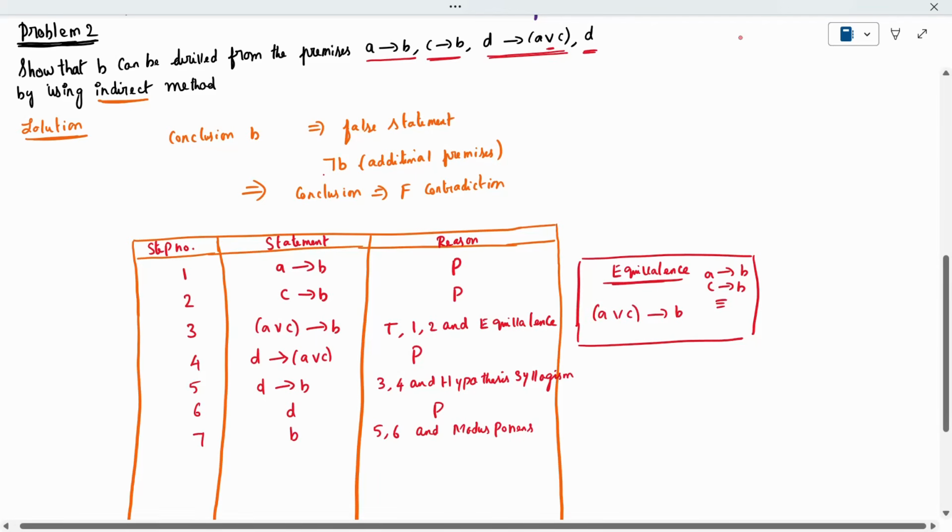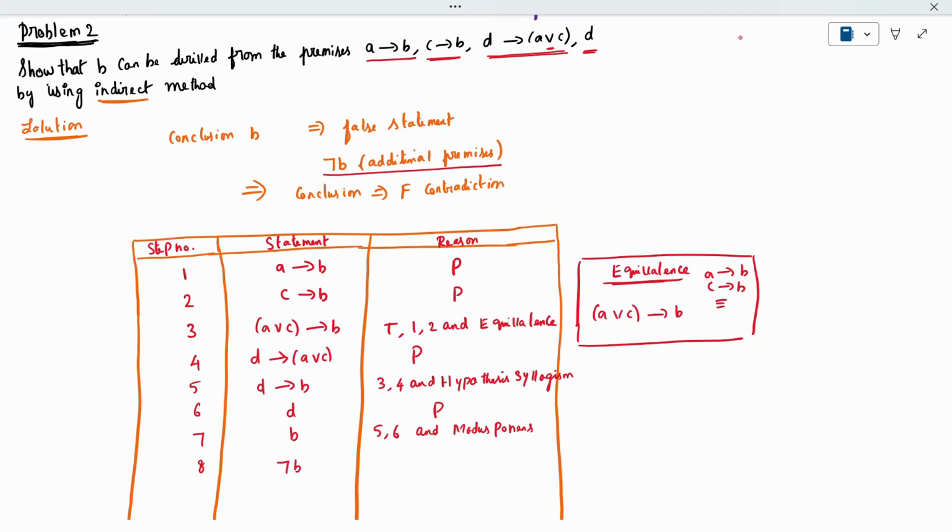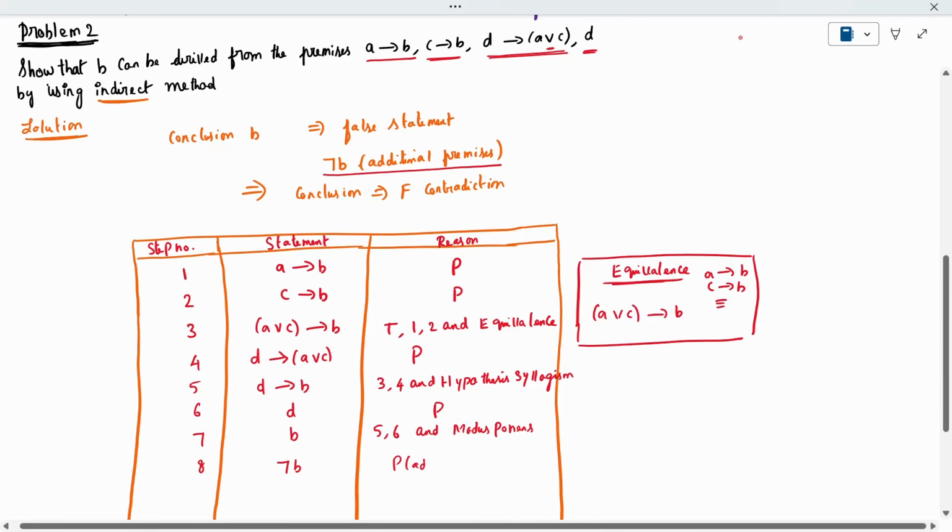Still, don't forget, you have to introduce negation B as an additional premise. That is why I am telling you to introduce it at the start itself; we may forget. So negation B as an additional premise, P rule.